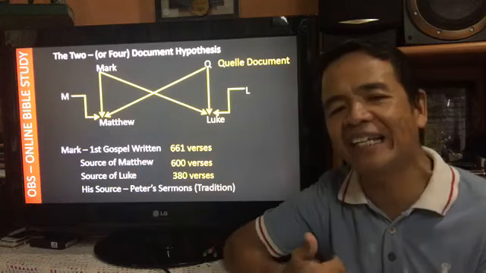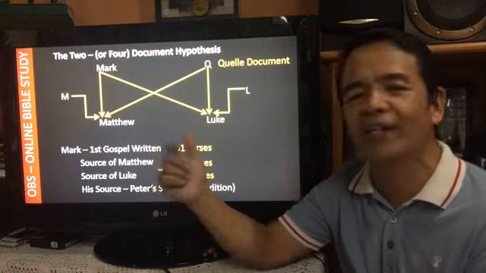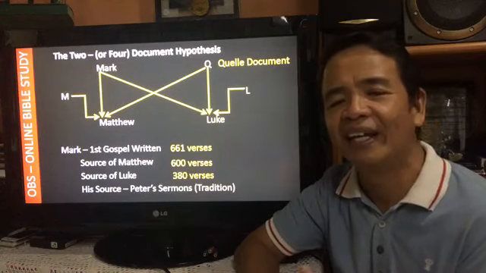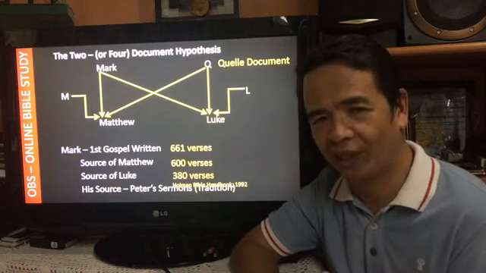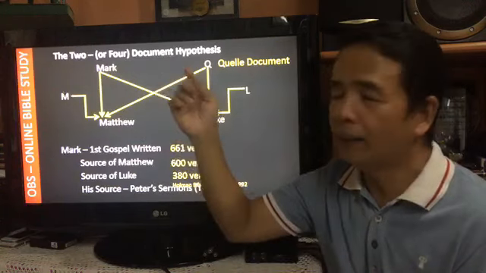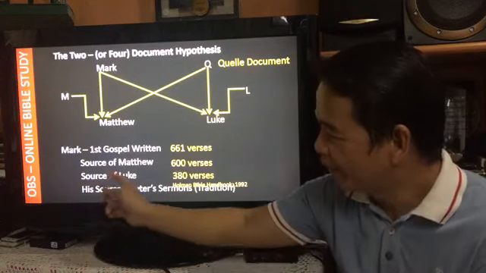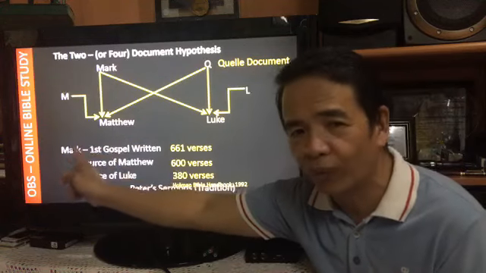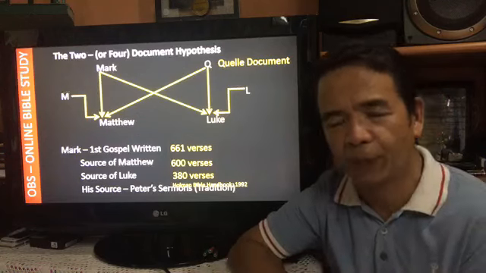And 380 verses out of 661, that is more than 50%, were borrowed by Luke from Mark, if the hypothesis is right that these two writers borrowed from Mark, the first gospel writer.